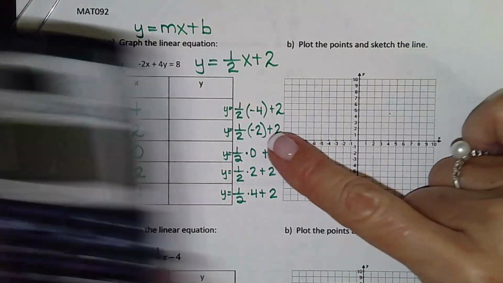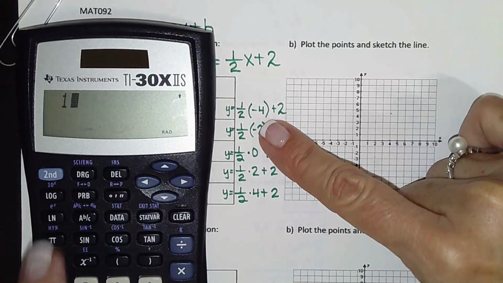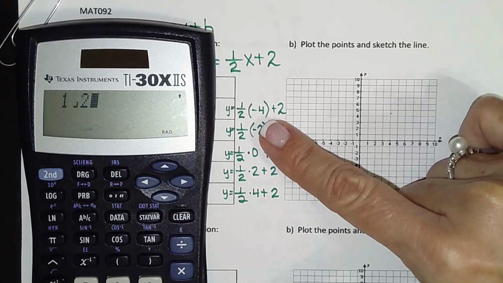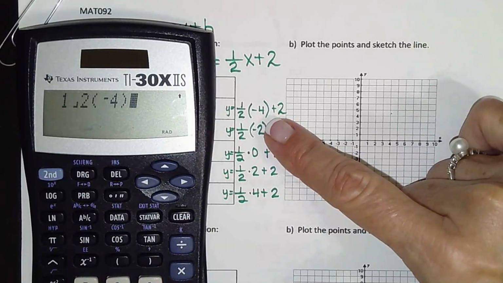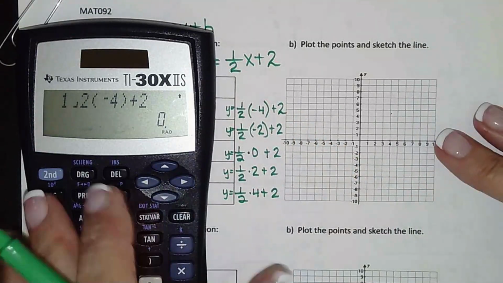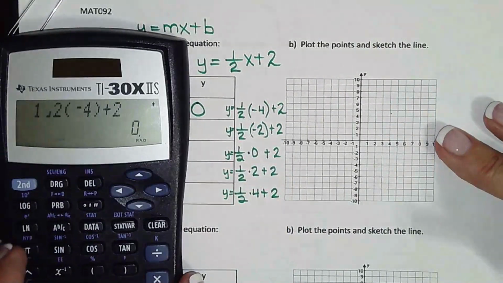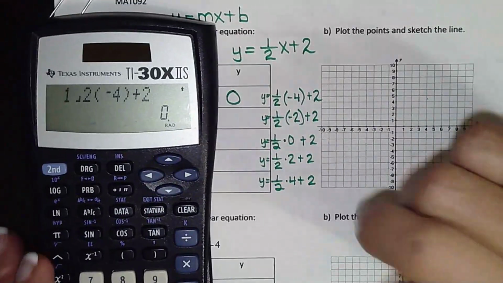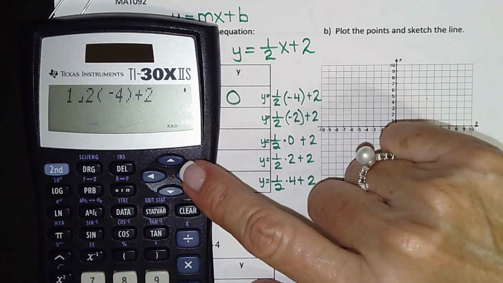So we have 1 fraction bar 2, parentheses negative down at the bottom of your screen, 4, it's not a subtraction, plus 2, and that is 0. And then remember that trick I showed you with the calculator, where you can hit the up arrow, and I don't have to type it again.